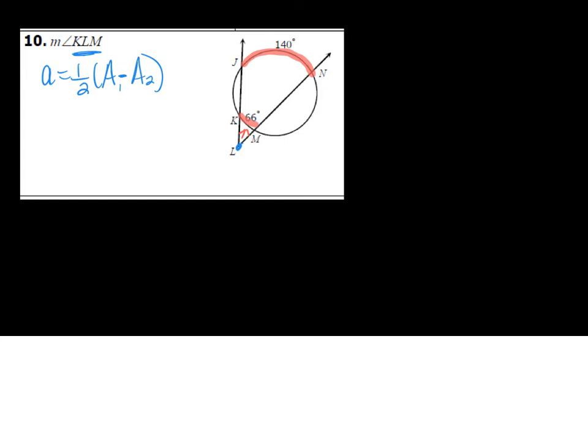So the two intercepted arcs are 66, arc KM, and arc JN 140. So the angle is equal to half the big one first minus the small. Okay, so we subtract the two arcs and we get A is equal to 1/2 of 74. Therefore, A is 37 degrees. So this angle in here is 37 degrees.